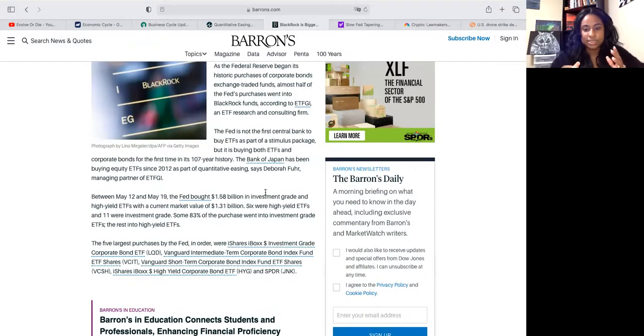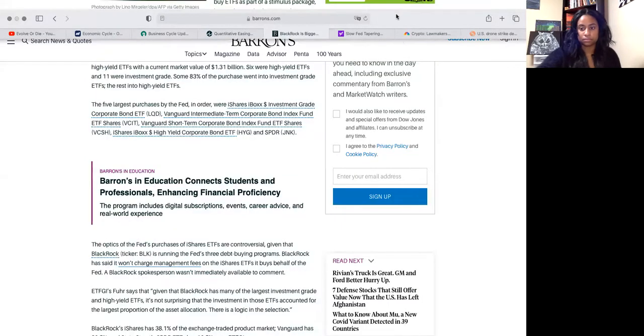And this is significant because BlackRock does manage a lot of the Federal Reserve's debt in terms of yields and in terms of debt buying programs.